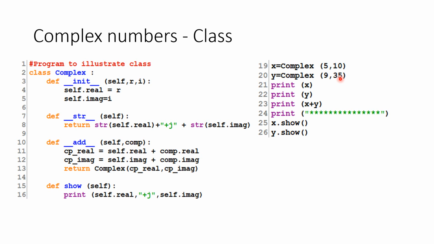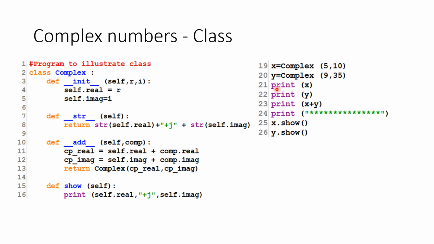Now to illustrate the difference between the print statements and whatever we have used, what do we do now? We try to invoke the print statement for the x object. As I told you, we have written a function here called str, the string function, which will return a string and accept one argument, the self object.